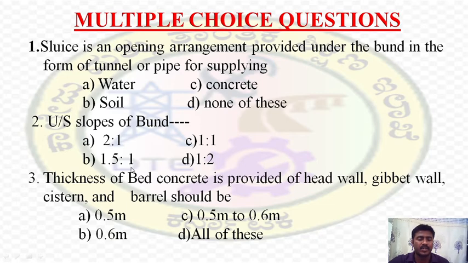So next question is thickness of bed concrete provided in edge wall, gibbet wall, cistern and barrel should be option A 0.5 meter, option B 0.6 meter, option C 0.5 meter to 0.6 meter, option D all of these.